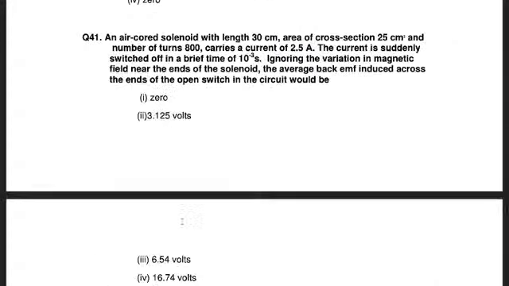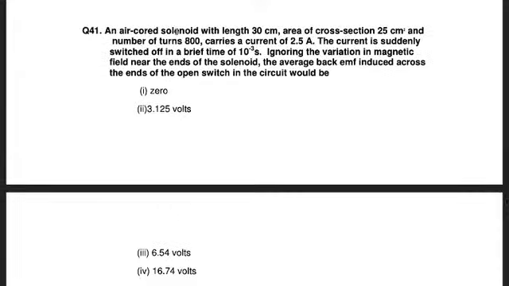Question number 41. An air core solenoid with the length 30 centimeter, the area of cross section 25 centimeter square, and the number of turns 800 carries a current of 2.5 A. The current is suddenly switched off in a brief time of 10 to the power minus 3 s, ignoring the variation in magnetic field near the ends of the solenoid.